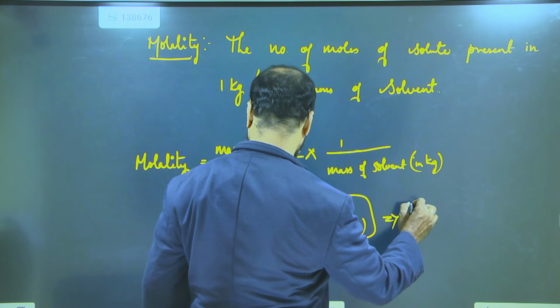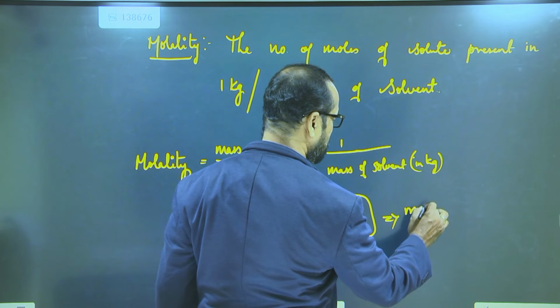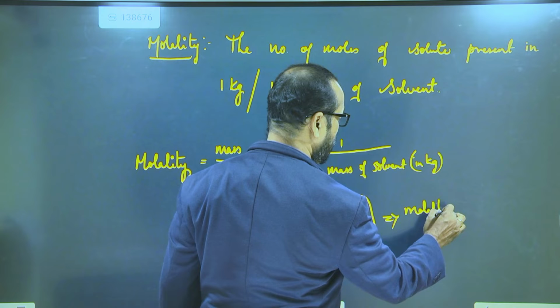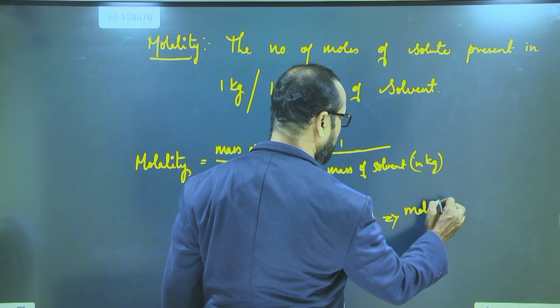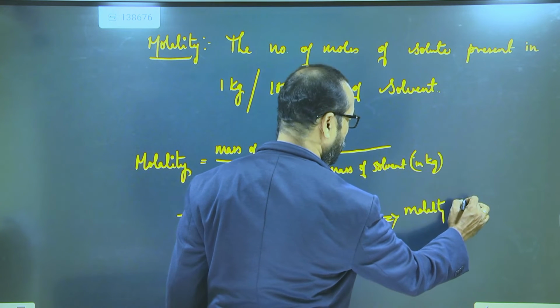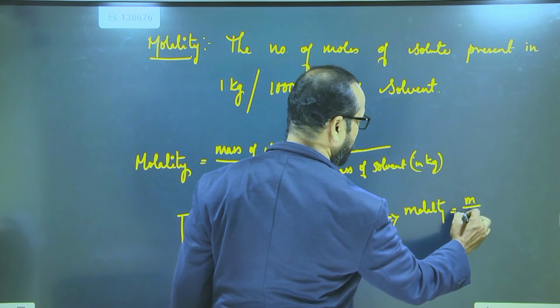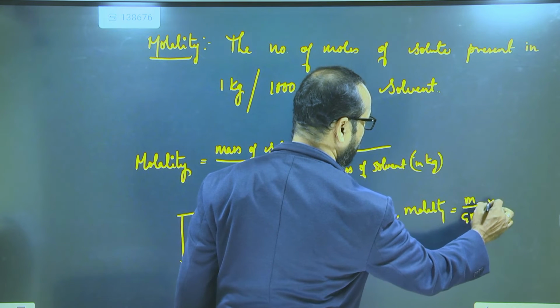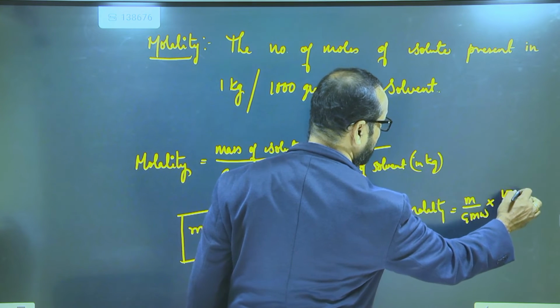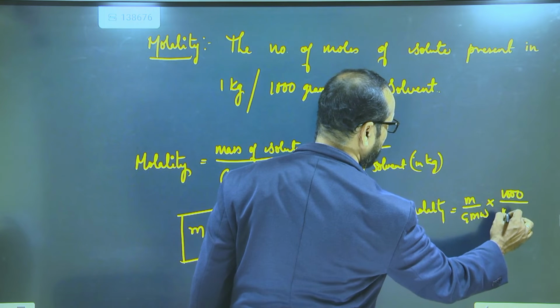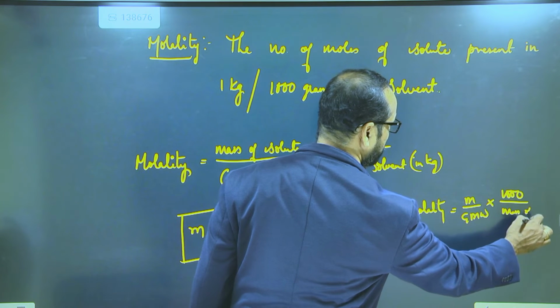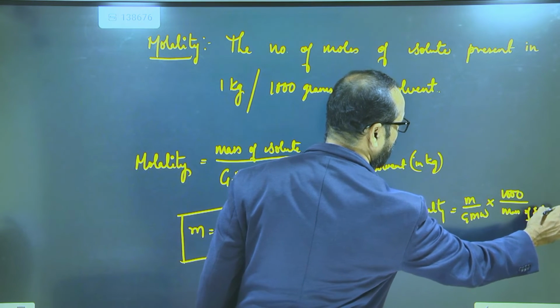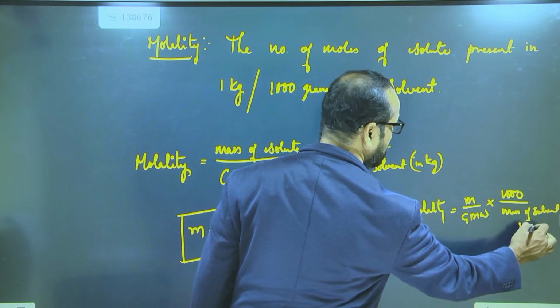Molality is equal to mass by gram molecular weight into 1000 by mass of solvent in grams.